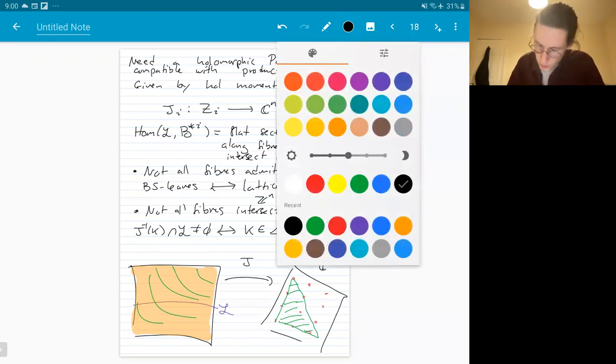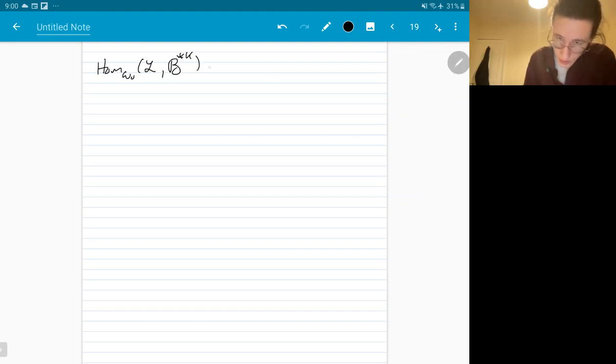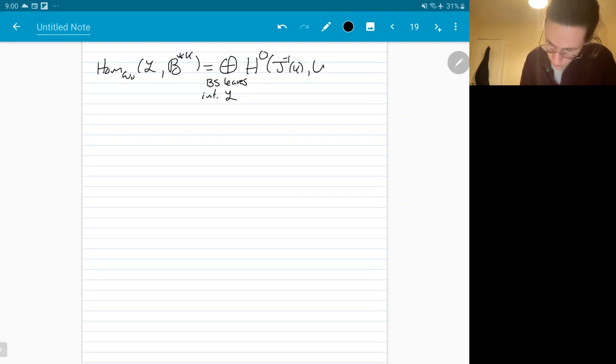Okay, so in this case, what we get when we compute the quantization, homomorphisms from L into, say, B tensor K. So that's the direct sum over the leaves intersecting L of the global sections over the leaf of U, the global sections that are flat.